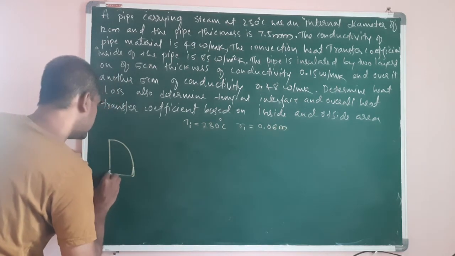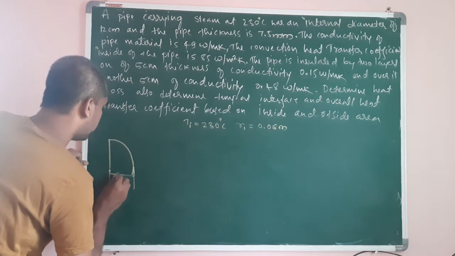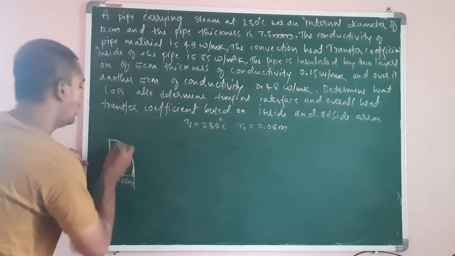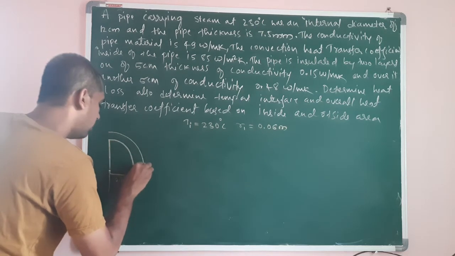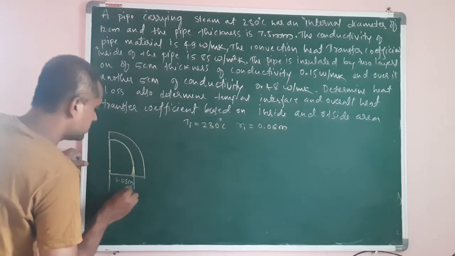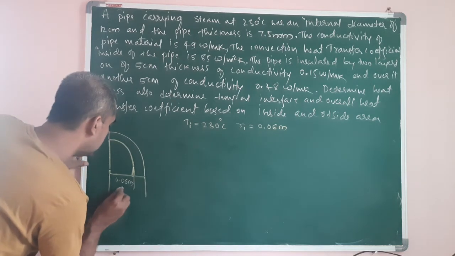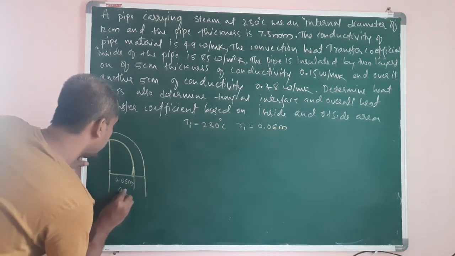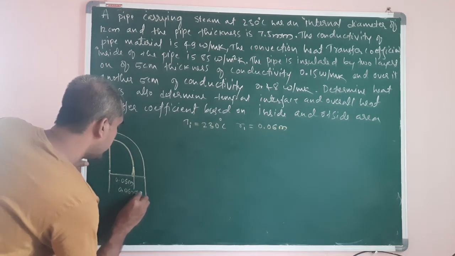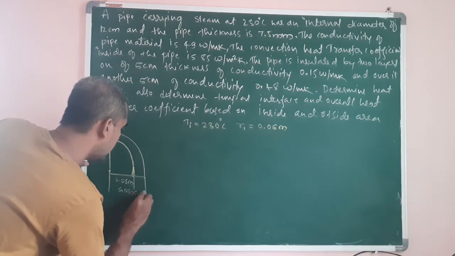This one radius is R1, that is 0.06 meter. After that there is one more layer, the thickness of this one is 7.5 mm, therefore this will be 67.5 mm. I will write all in mm only.